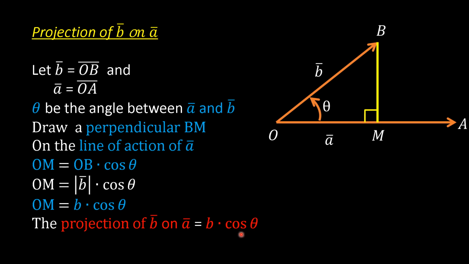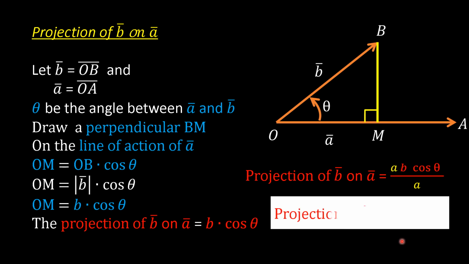Now we will write B cos theta as AB cos theta upon A by multiplying numerator and denominator by A. But we know that AB cos theta is nothing but A bar dot B bar. Therefore, the projection of B bar on A bar will be A bar dot B bar upon A.